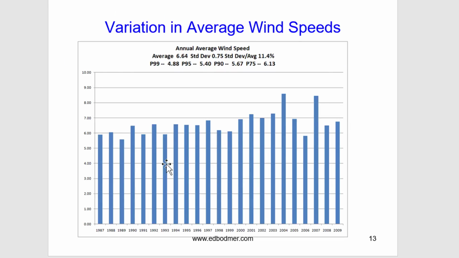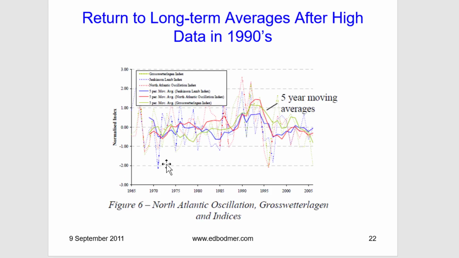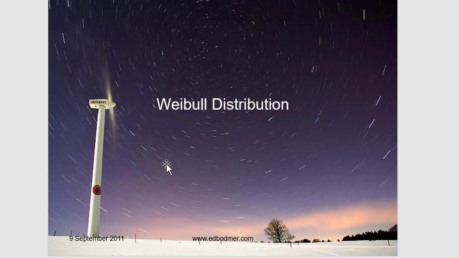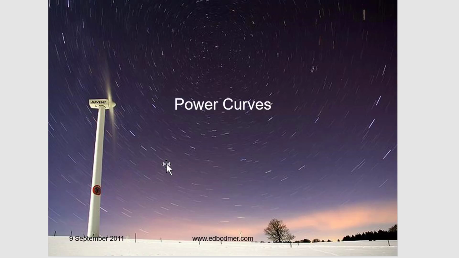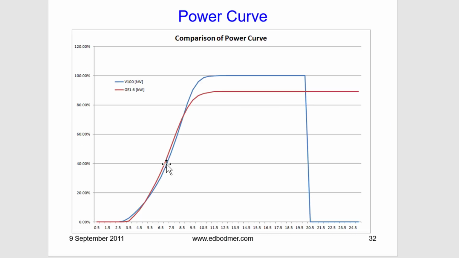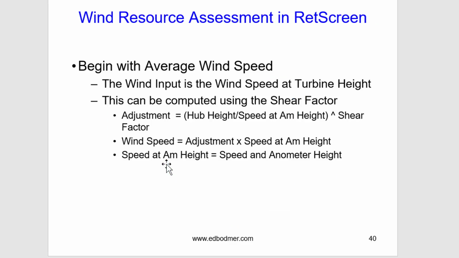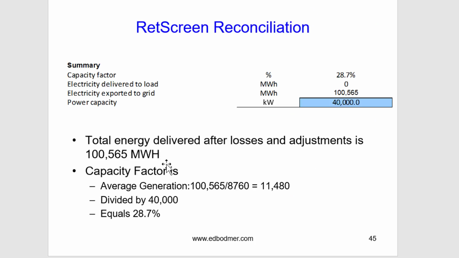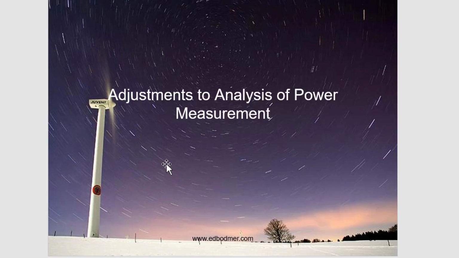And there's some more wind analyses, and there's some issues with long-term trends in wind forecasts. And then you can simulate these winds with a Weibull distribution, which I'll show you how to do in the next video. And then you put that together with a power curve, and you get just how the wind goes up and down, okay? This is how much I love the PowerPoints. I go through them fast.